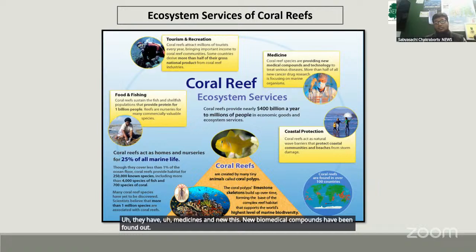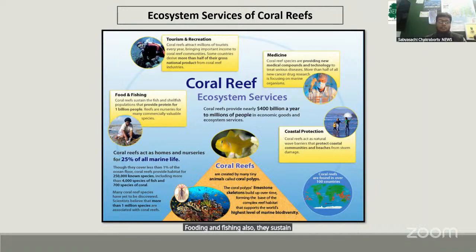Food and fishing also, they sustain a wide diversity of the fishes, and also act as home and nurseries for 25% of all marine life. They also protect the coastal areas.